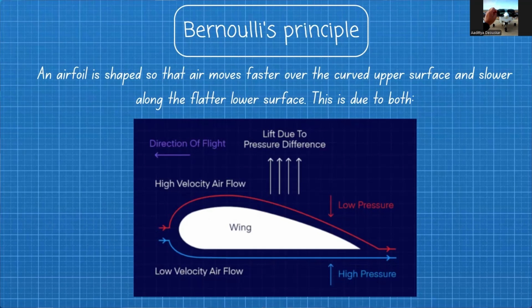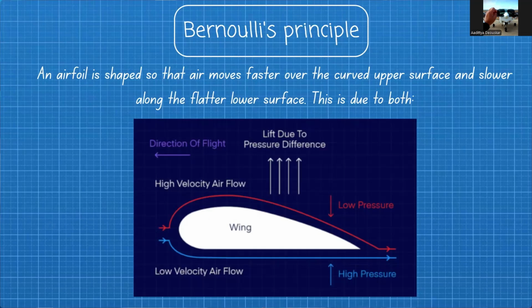It has a higher velocity compared to the air moving on the lower surface. So ultimately, the higher velocity on the upper surface causes a low pressure region to be formed above the upper surface, and the lower velocity on the lower surface of the wing causes a high pressure region to be formed under the wing.